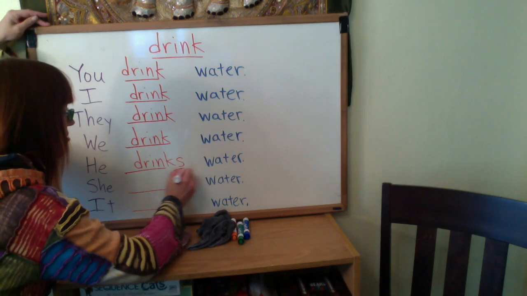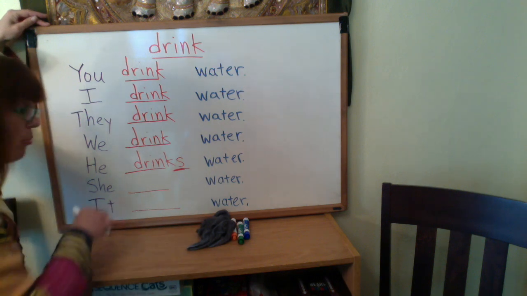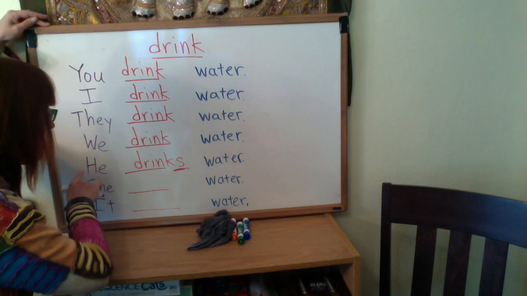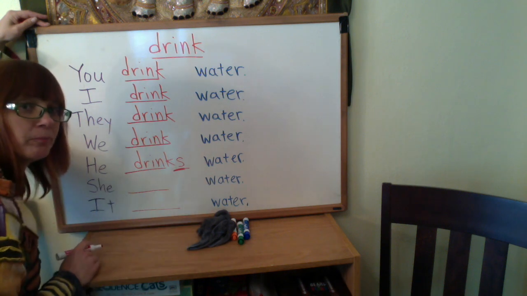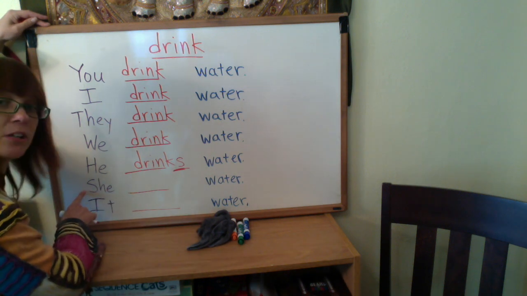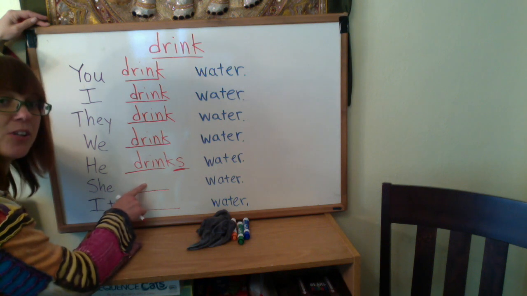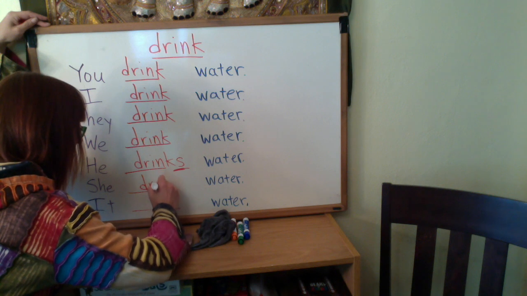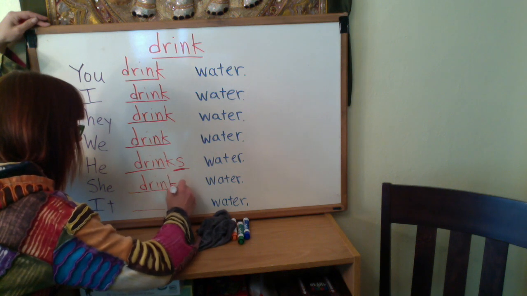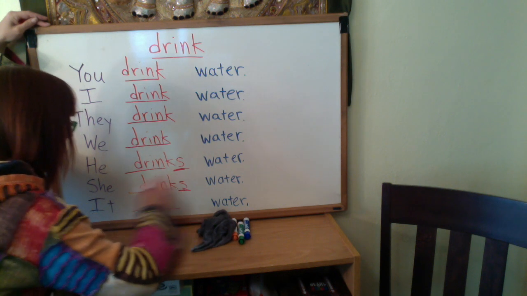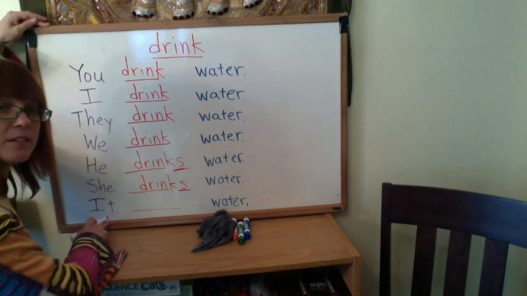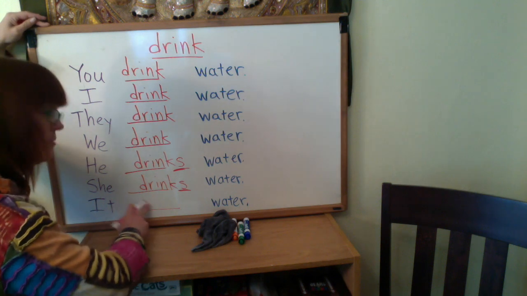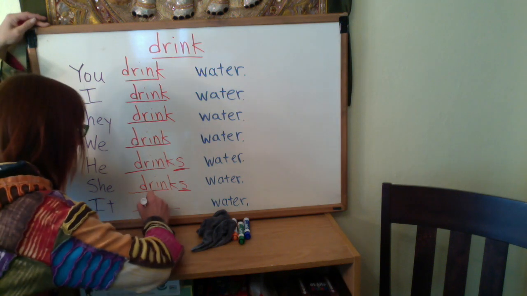drinks. There's an S there. So remember when I use he, when it's one man, he drinks water. She drinks water. It, for example, my cat, drinks water.